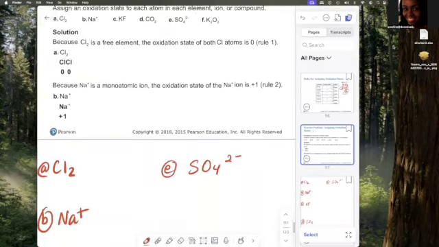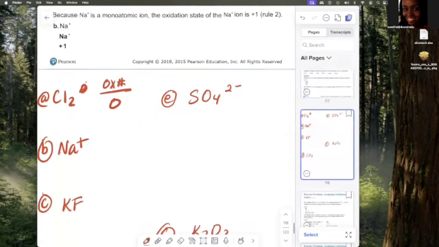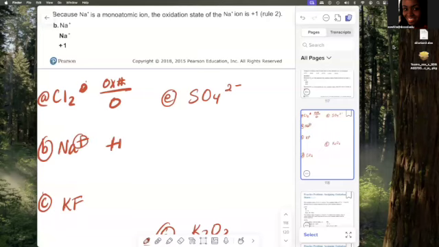So according to rule number 1, where you find a free element, the oxidation state has to match the overall charge of the compound. So here we have 0 oxidation state. Oxidation number is 0. Second one, the oxidation number has to match the charge of the overall compound. Our charge is +1, so oxidation number has to also be +1.